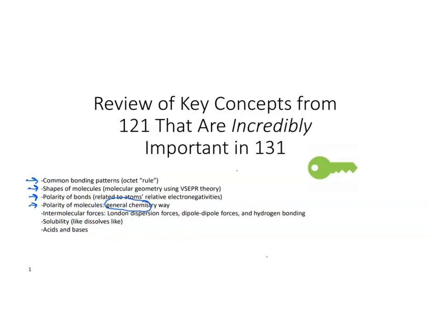So it's nice to have a different, and honestly, I think a better way of figuring out if a molecule is polar or nonpolar. I know that figuring out if a molecule overall is polar or nonpolar is something that a lot of students struggle with. So that's one of the reasons why I'm going through it in this series of videos before we actually get into the content for our 131 class.